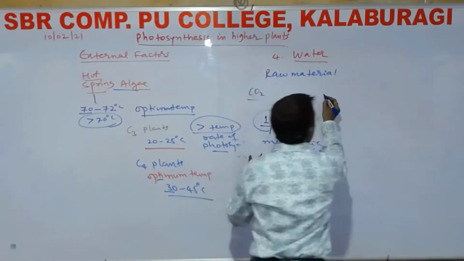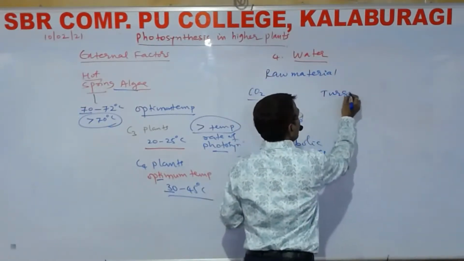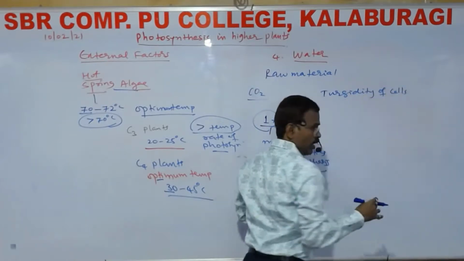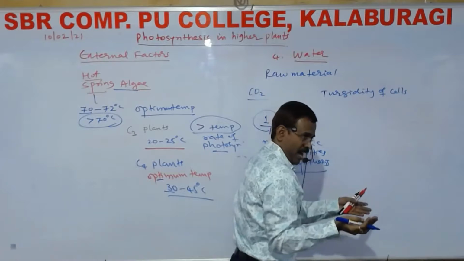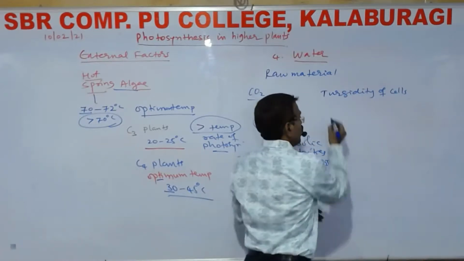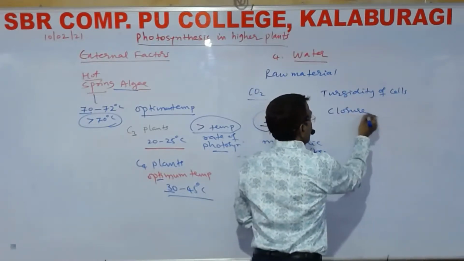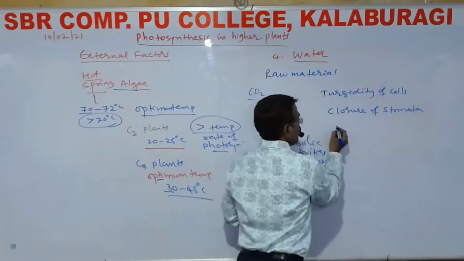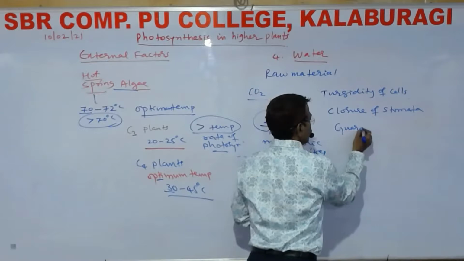This water maintains turgidity of the cells. If adequate water is not present, it results in closure of stomata. You have special cells called guard cells.